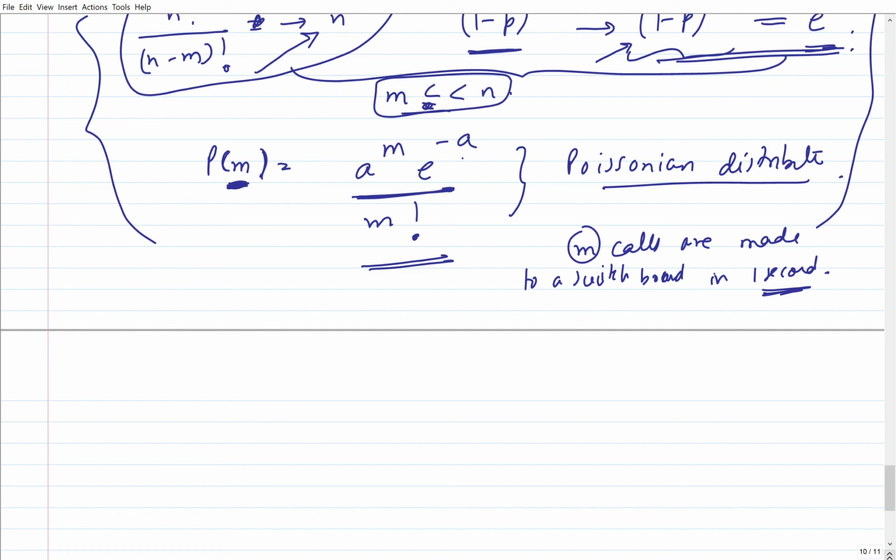And what is the probability of m kicks of a horse? This was given by some expression like that. When we knew some value a, the average number of kicks in some time, what would be the probability of m such kicks?